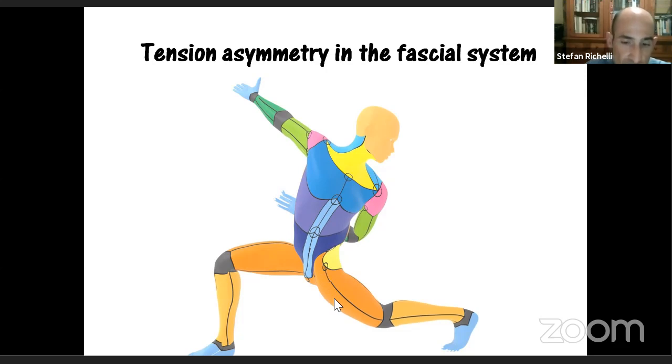That's what I call asymmetry in the fascia system, or asymmetry of tension in the fascia system. Because if we are all restricted, we have less mobility, but this is not so much of a problem. But if we have higher asymmetry or more restriction in one specific area, this will cause more problems than if we have it in all the body.